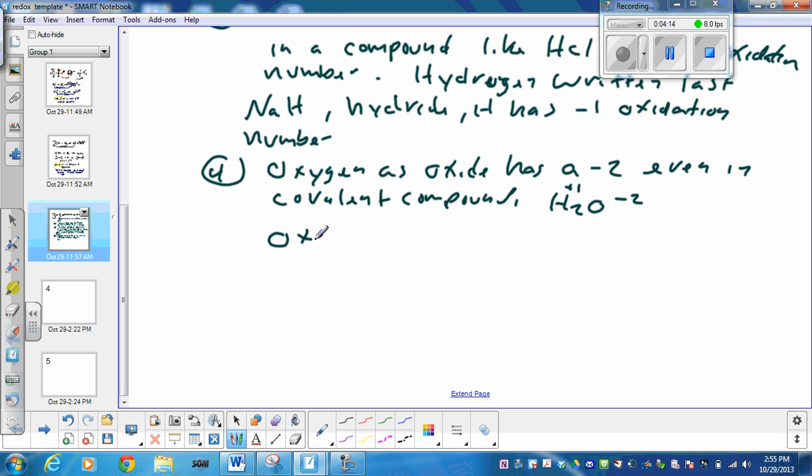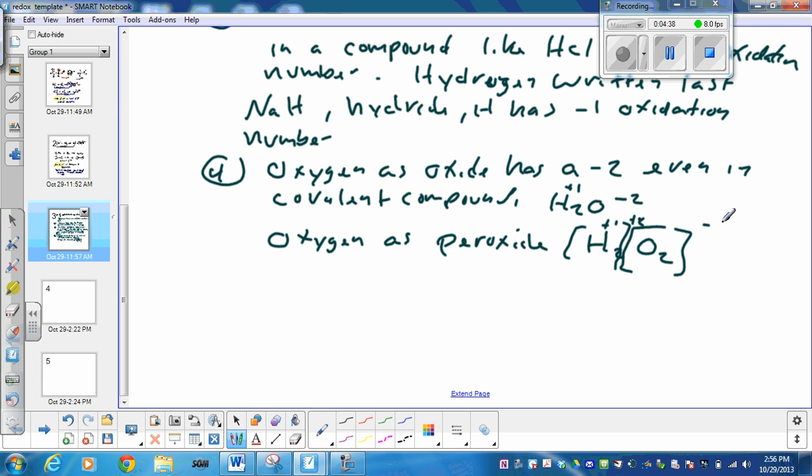Oxygen can, in some cases, be what's known as a peroxide. Now this is very unusual. You can recognize it from its context. For example, H2O2. We know that each of the H's here is +1, meaning that this has a total +2 charge, which means that all of these oxygens combined must have a -2.